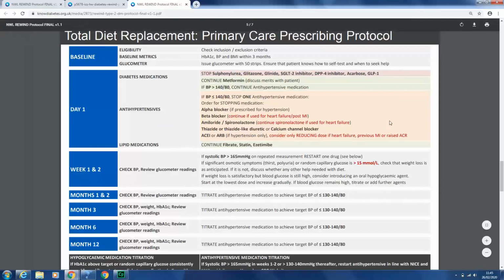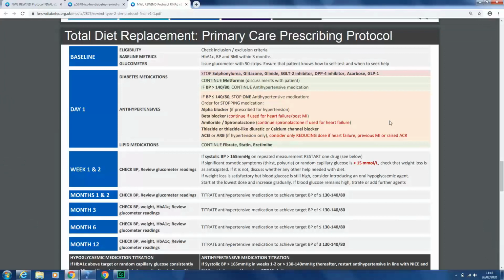they should stop one of their antihypertensive medications, and there's a specific order for this. Alpha blockers as the first one to stop, followed by beta blockers, followed by amiloride or spironolactone, and obviously there are some caveats around concurrent use for heart failure, then followed by thiazides or calcium channel blockers, and lastly stopping ACE inhibitors or ARBs.